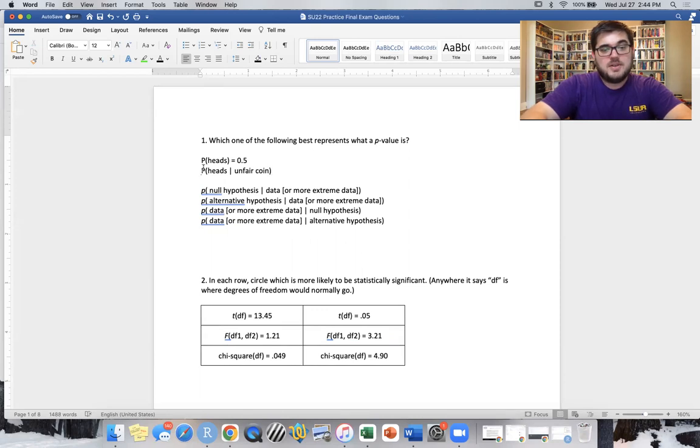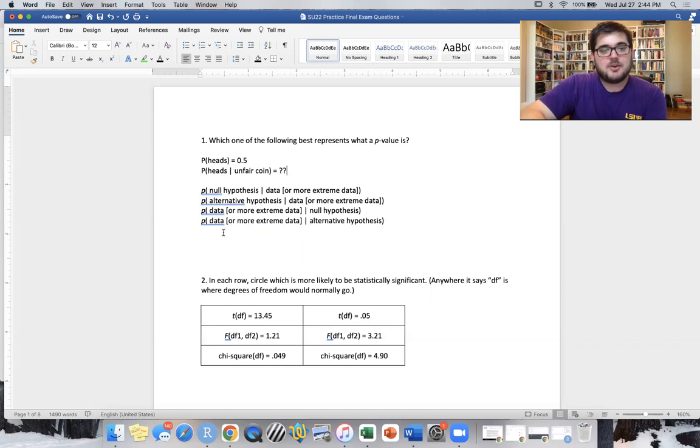So now we have a complex, like what's the probability of this thing when you assume this? And let's say it's an unfair coin, it doesn't always come up heads 50-50, then the probability is not going to be equal to 0.5, it's going to be equal to something else. So this is just a really compact way of saying what a p-value is.